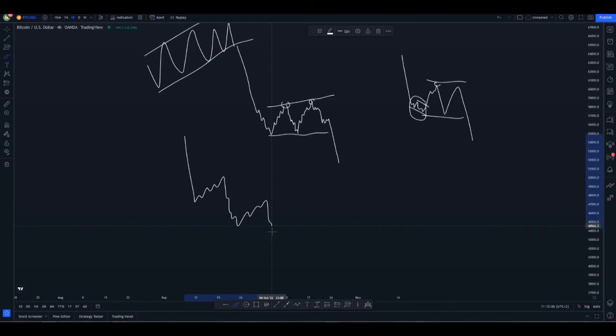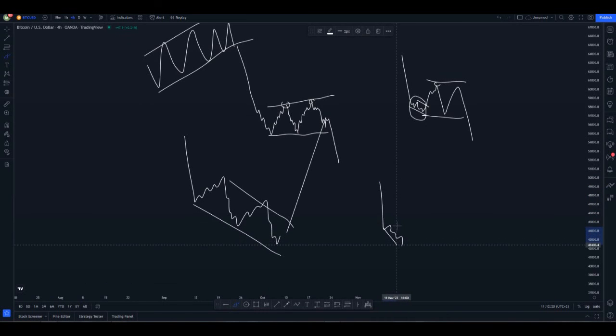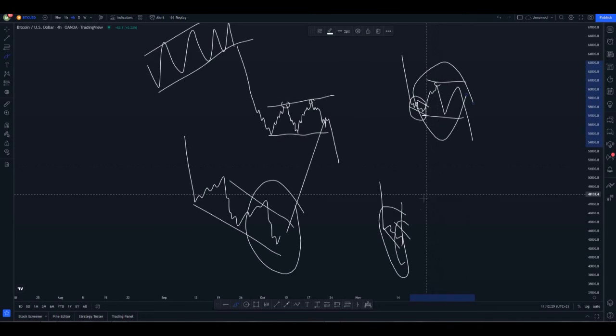Now this pattern has higher probability of reversing towards the upside than this simple corrective reversal, right? This one has higher probability than this one. This one might just form into that.